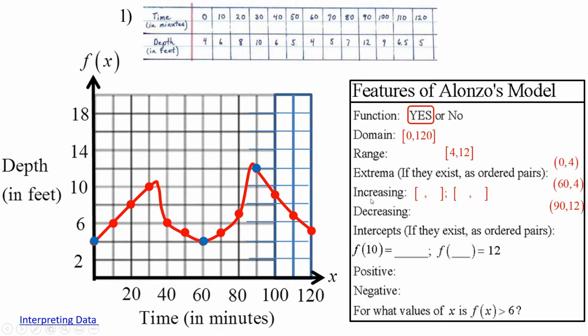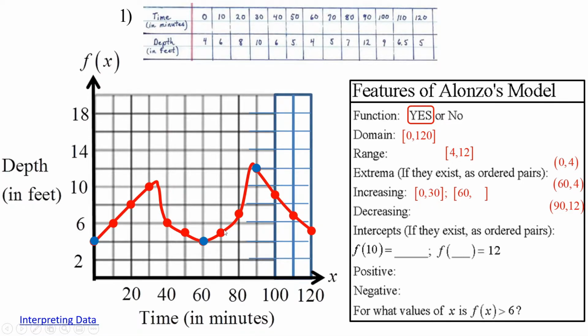Now I need the intervals where the graph is increasing. Okay, well, it looks like I'm increasing from here to there, and I'm talking about my x values, so that would be from 0 to this point right here, which is what, 30? And then I'm decreasing, and then I begin right here, I begin increasing again, and that's at x equals 60.